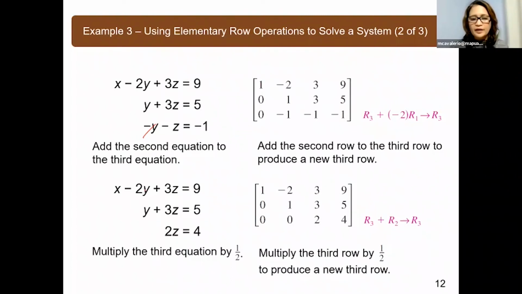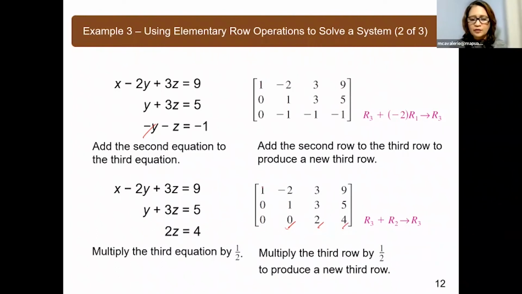And we apply back substitution. But here in our matrix, we can simply add row 2 with row 3 to form the new row 3. So that we will have 1 plus -1 will be 0. 3 plus -1 will be 2. And then you have 5 minus 1 will be equivalent to 4. This now will be your new third row.